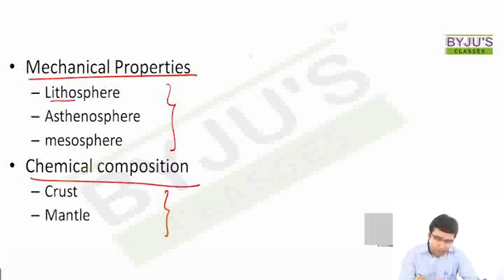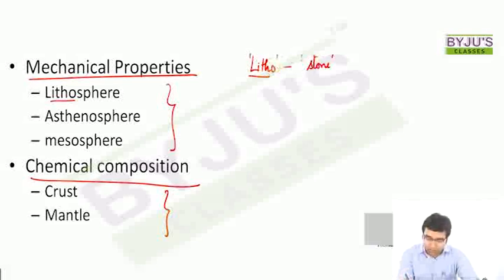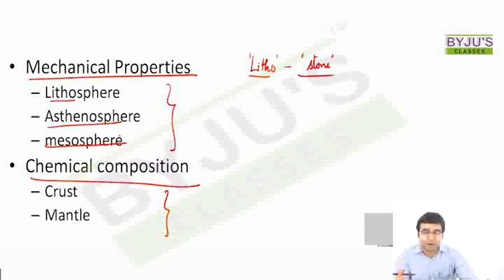Litho, you understand litho, so you can relate it with the concept in history also, and the term lithography, writing on stones. So litho is basically a word for stone, or we can say the solid crust portion. Asthenosphere, and then we have mesosphere. So three different portions which will give you the mechanical properties.